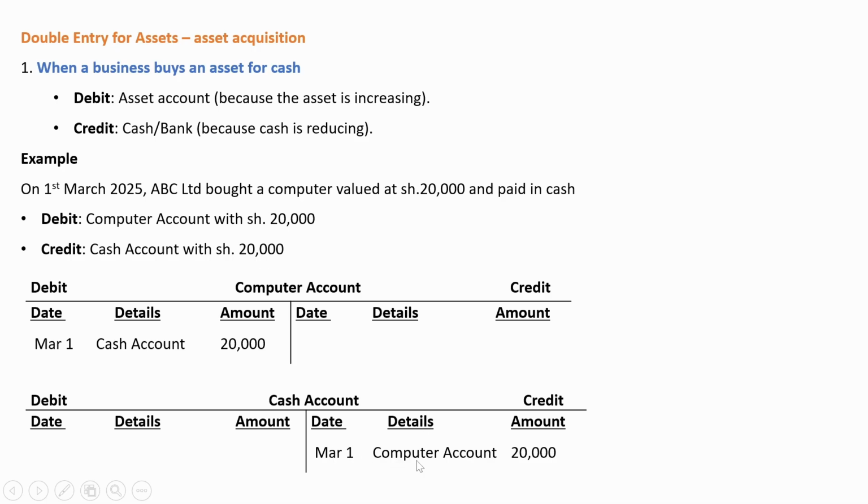Details show the name of the other account, which is computer account. The amount, 20,000. So that is how we record the transaction. It is simple. As long as you start by identifying the two accounts, identify which one you are supposed to debit, which one you are supposed to credit. You can even start with the outline, the same we have done here, and then you prepare the actual accounts.